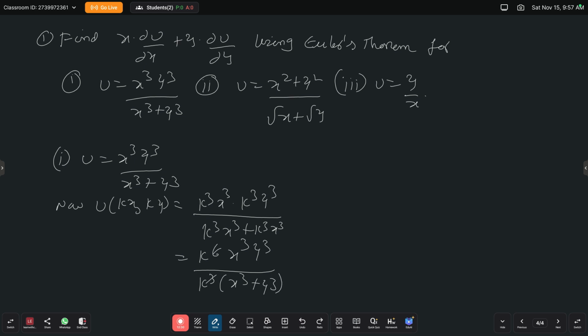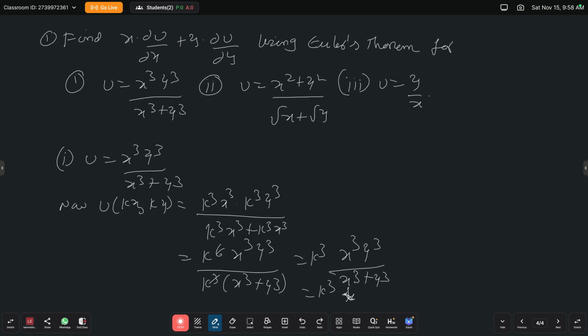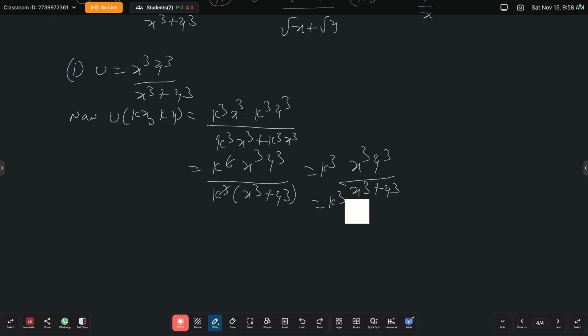So now k cubed into x cubed y cubed by x cubed plus y cubed equals k cubed into u of x comma y.